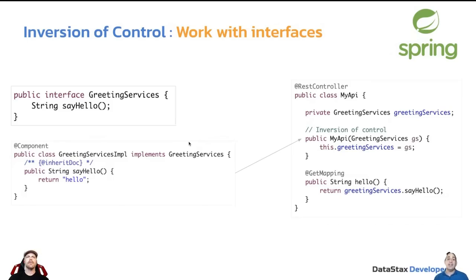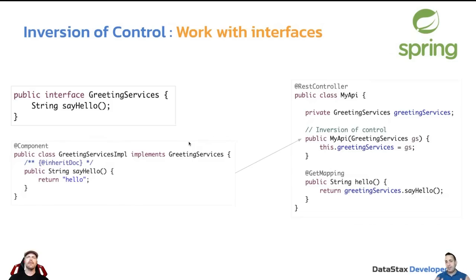So the first use case for this inversion of control was mocking, provide some service working and doing some response very, very early in the development, even if the service is not ready yet.